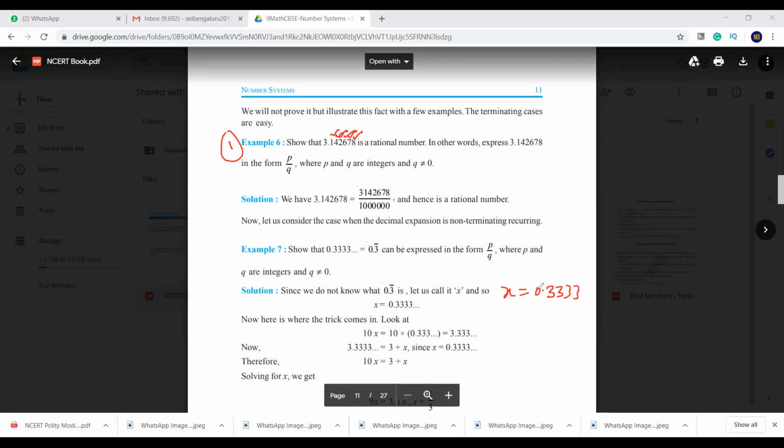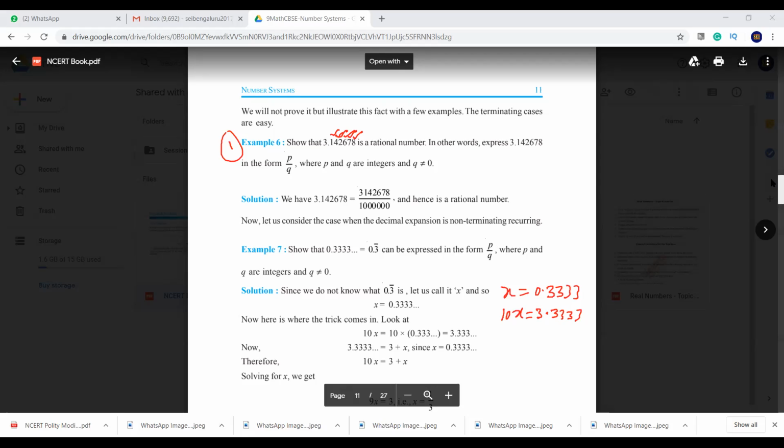One digit after the decimal will be there, so you can take 10x. 10x is 10 into this value, so 10x is equal to 3.3333.